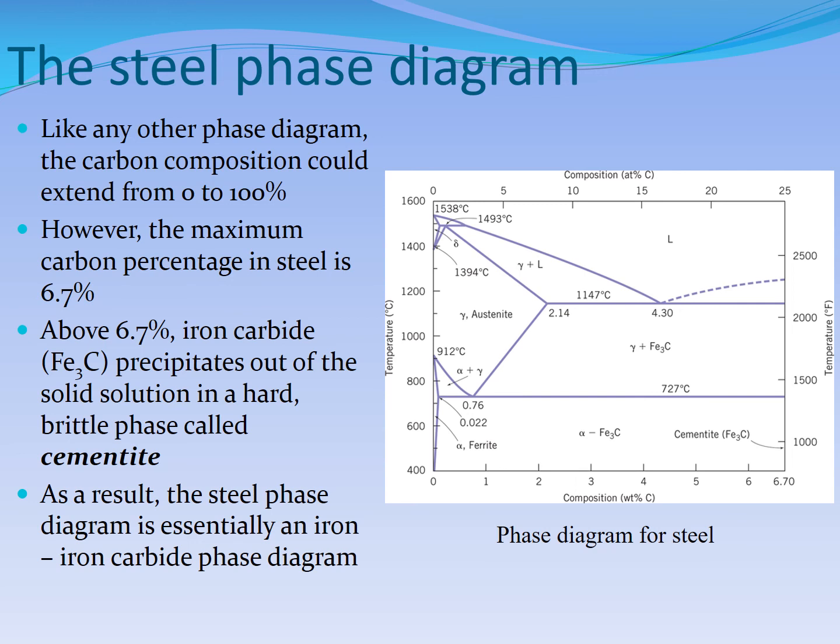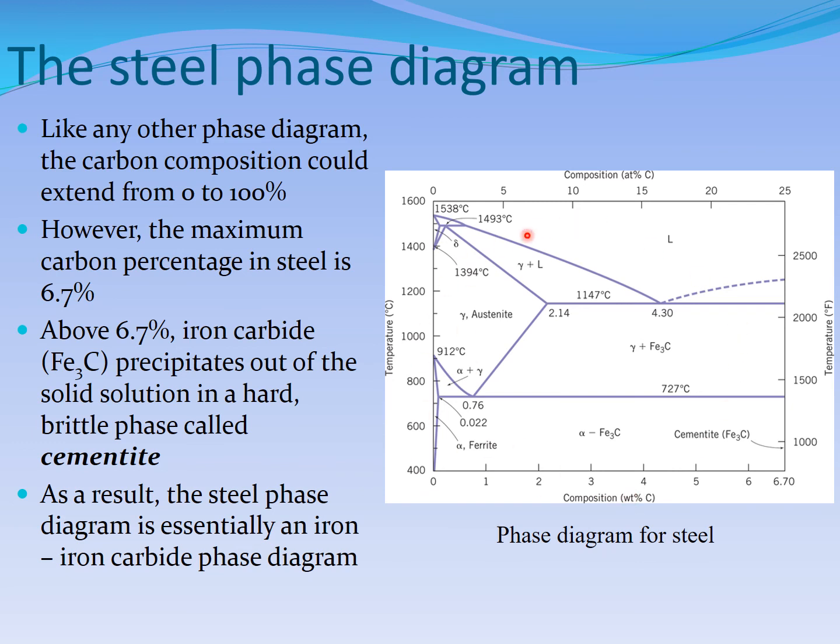But if you go beyond 6.7% carbon, then everything becomes iron carbide. So the diagram after that is no use to us. So the whole diagram of steel is the diagram of iron which contains less than 6.7% carbon. So therefore on one side you have iron, on the other side you have iron carbide. So this is called iron carbide diagram, and of course temperature and weight percent carbon.